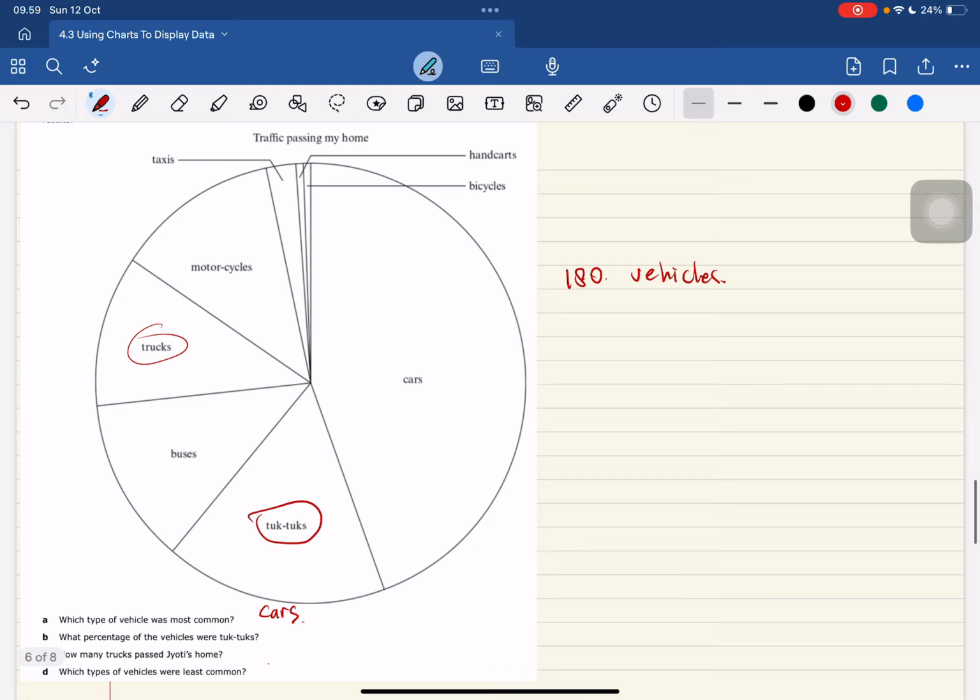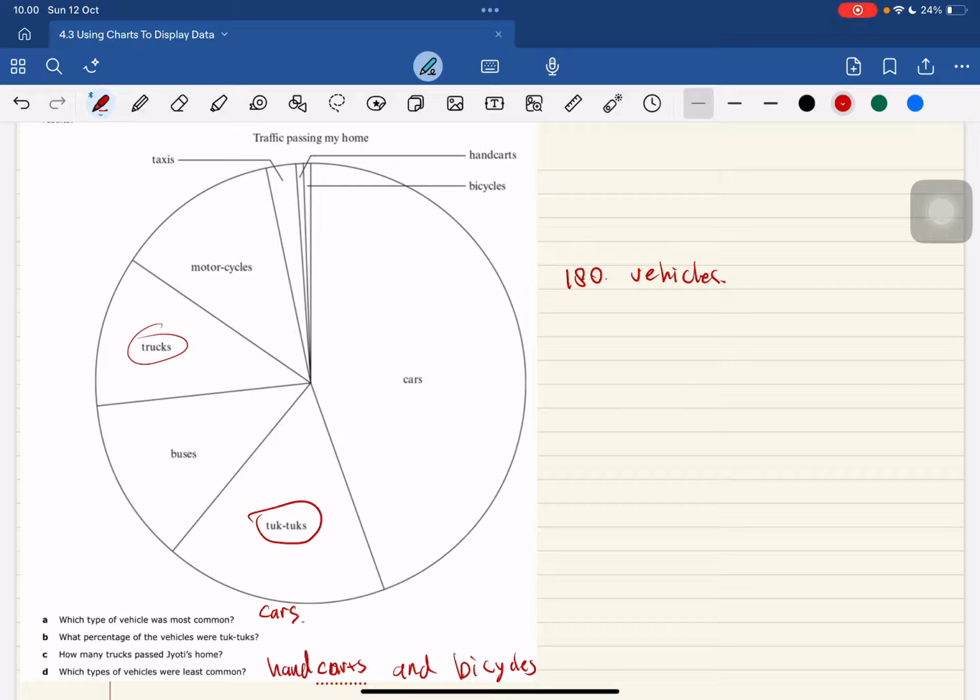So let's write it. Handcart and bicycle. Okay, I think I need to rewrite it, make it clear. So first is handcart, and bicycle. Okay.